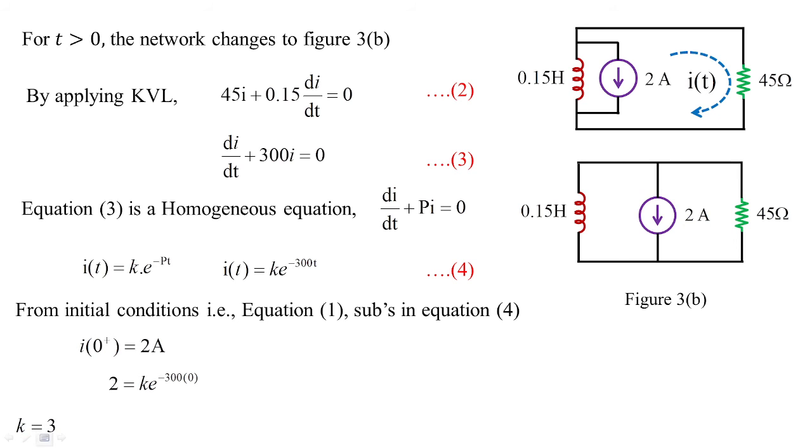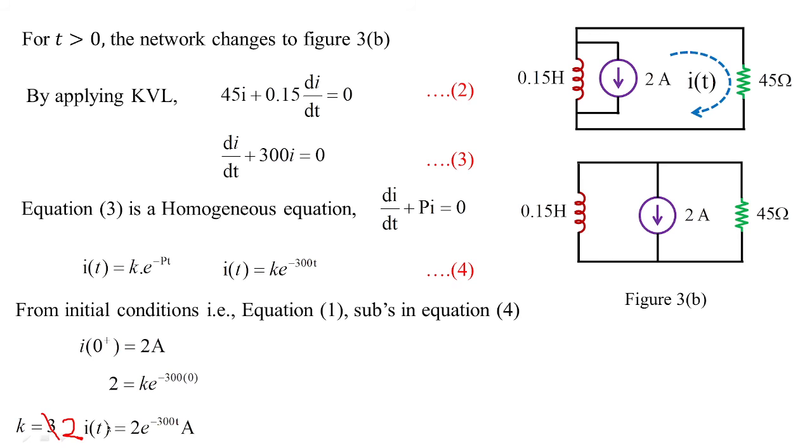Here there is a small mistake: it is not 3, it is 2. K should be equal to 2. Anyhow, I substitute the value of k, so I of t is equal to 2 e to the power of minus 300t. So that is the value of I of t.